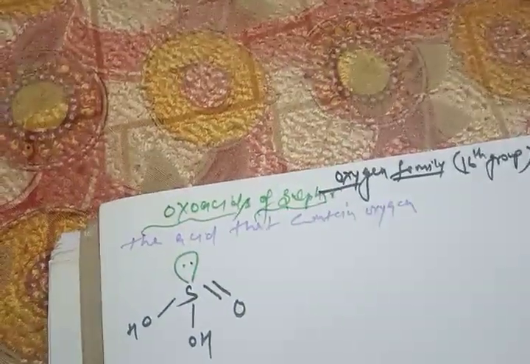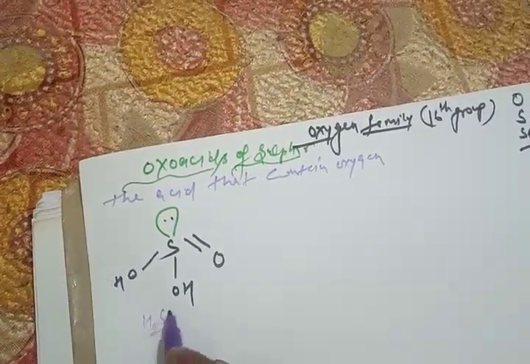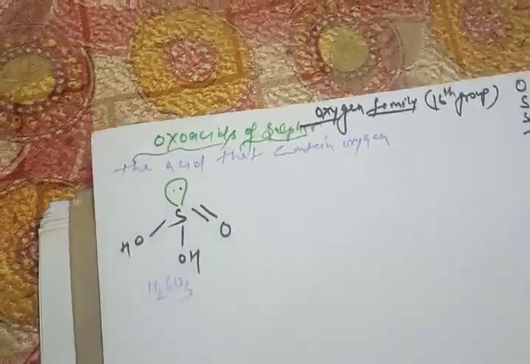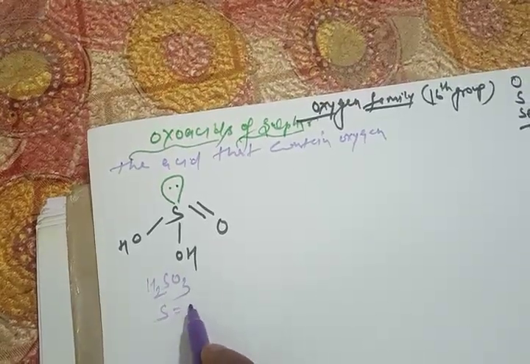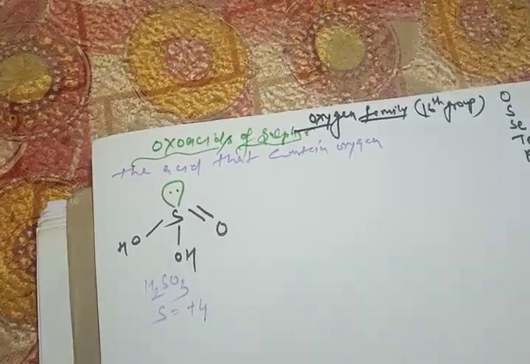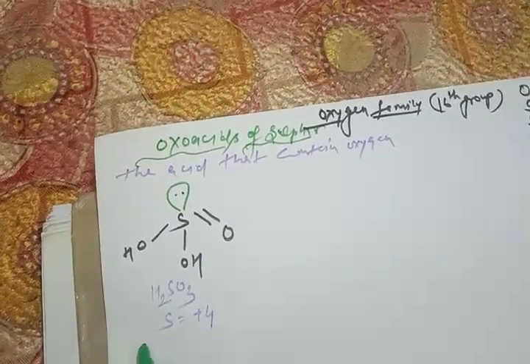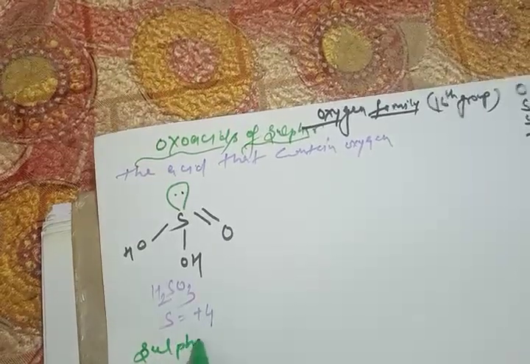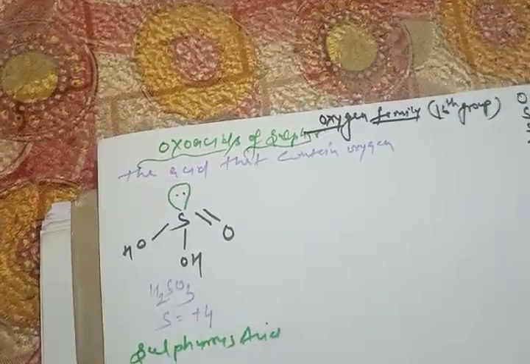The formula will be H2SO3. The oxidation state of sulfur here is +4, and the name is sulfurous acid.